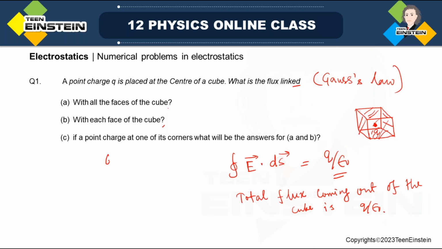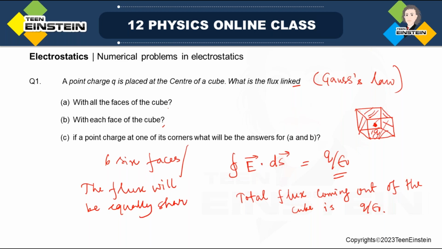That means if I have 6 faces, then the flux will be shared equally by all six faces. The flux will be shared by all six faces equally.